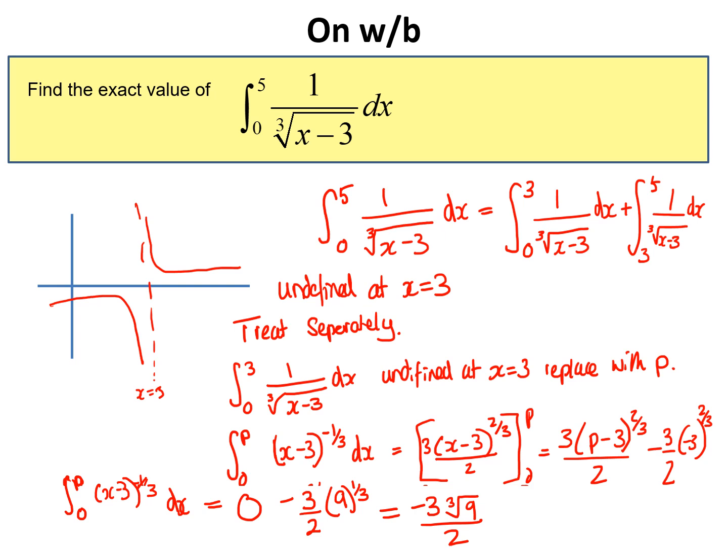Picture there of that curve, it has an asymptote at 3. So you had to split it from 0 to 3 and 3 to 5 separately and treat them both separately. So get rid of the 3 for a p. 0 to p actually turns out to be a number.